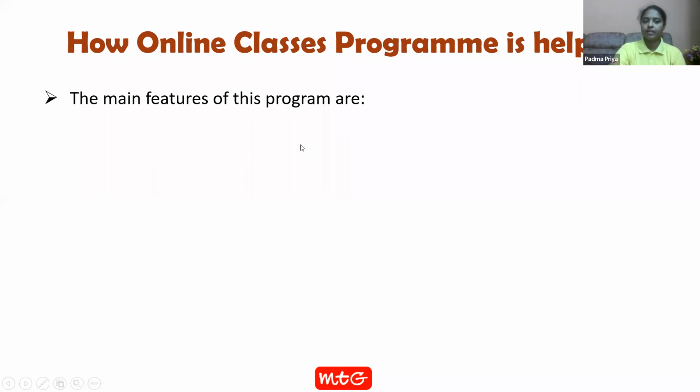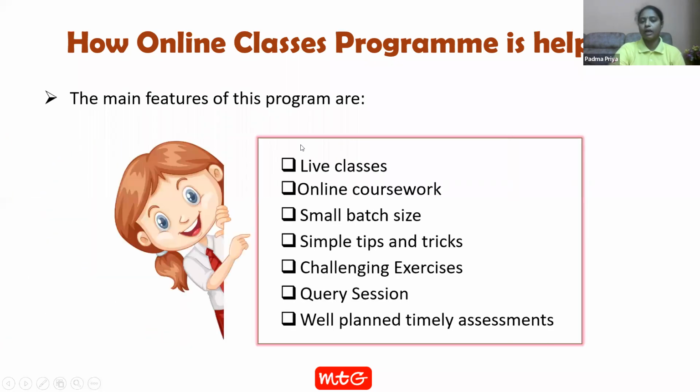Let us see that. The main features of our program are, we provide live classes for logical reasoning. Our online course books are available. You have reasoning workbooks, reasoning in IMO workbooks, different preparatory material, prep guides and many things, maths IQ books to learn logical reasoning.